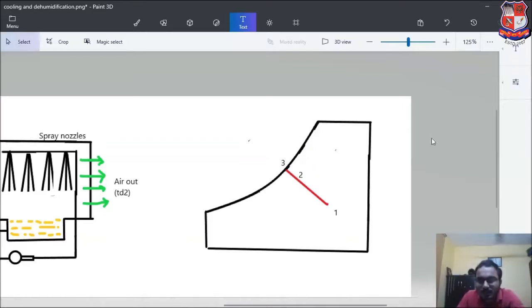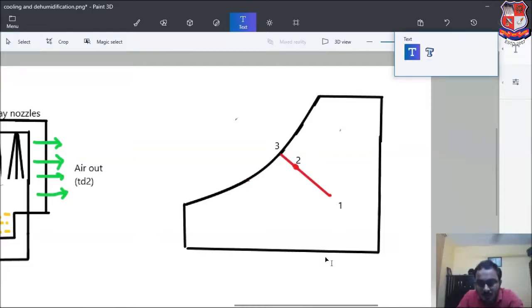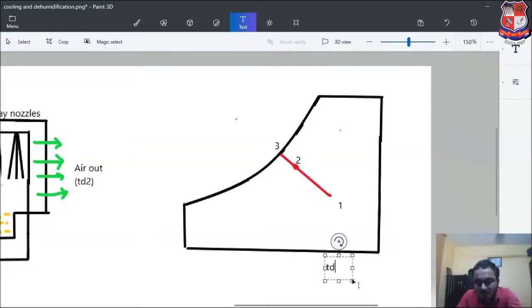That is, let me denote the point number 2 at this point. So this will be our point number 2. Okay, and here this will be our TD1.